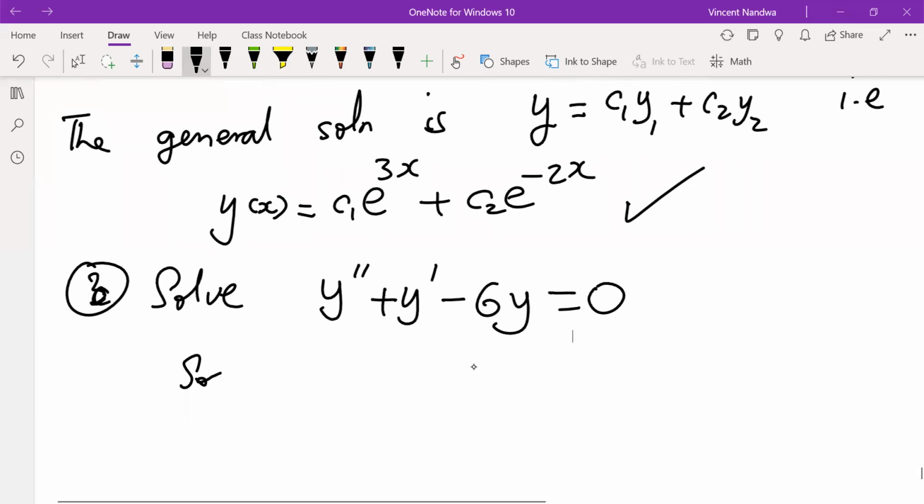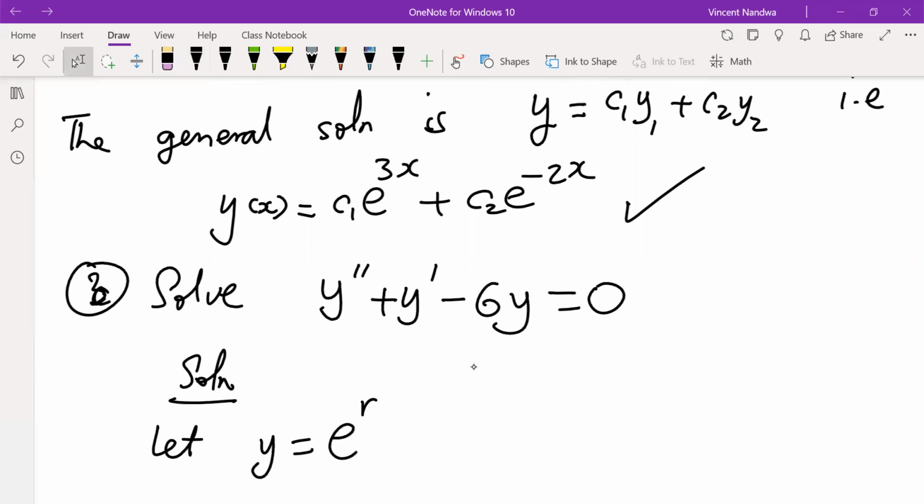So solution: let y equals e raised power rx be the solution.